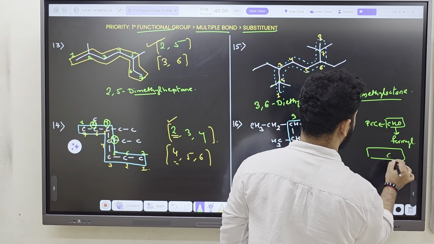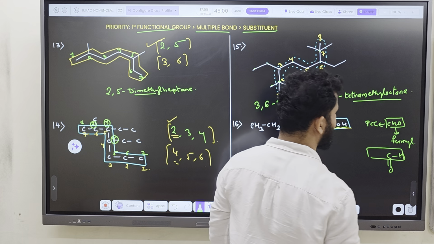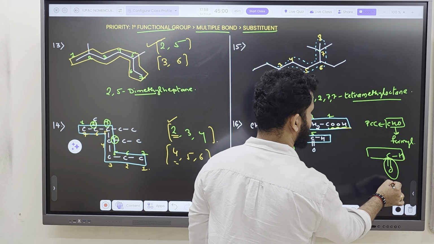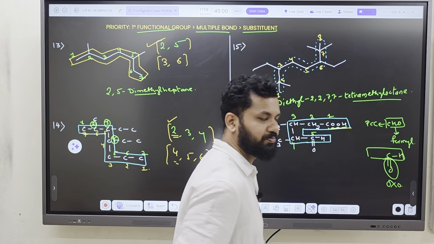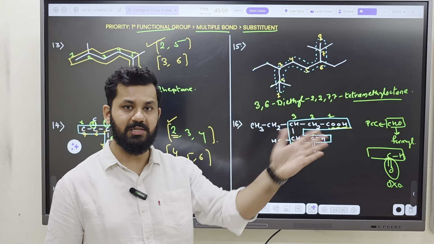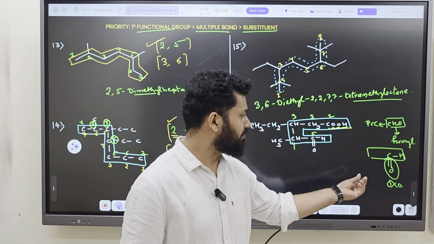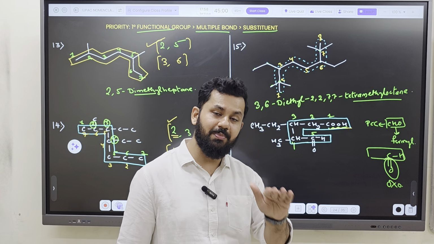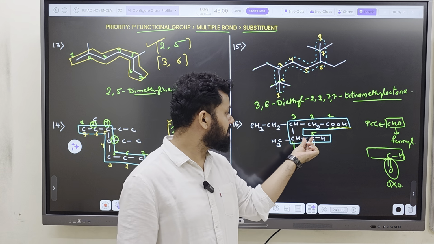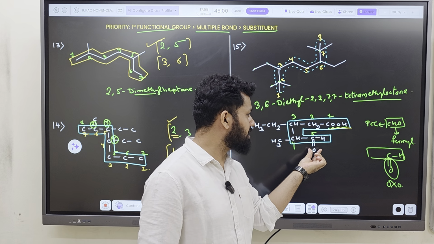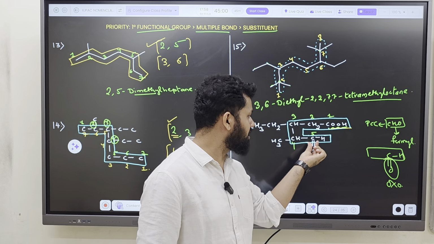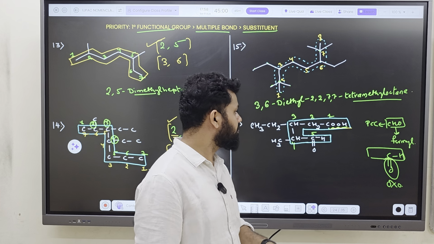Whereas if CHO is inside the PCC, then this group is called oxo. If the entire CHO is outside, formyl. If the C of CHO is inside the PCC, then oxo. So the C of CHO is inside the PCC, therefore oxo.